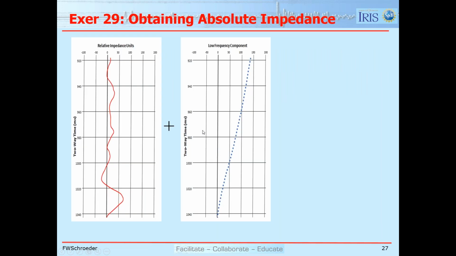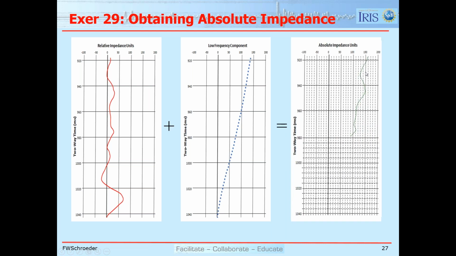If you do the exercise associated with Unit 29, what you'll start out with is a relative impedance trace versus two-way travel time, a low frequency component to that. You'll have the numbers associated with the red curve and the blue curve as a function of two-way travel time depth, and you'll calculate what the absolute impedance is.